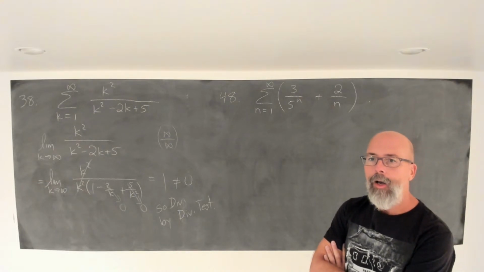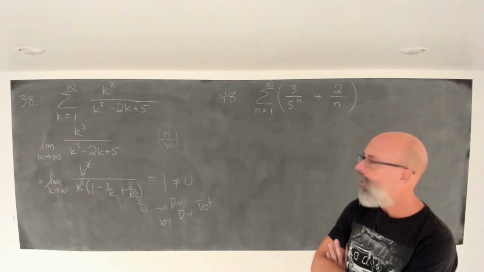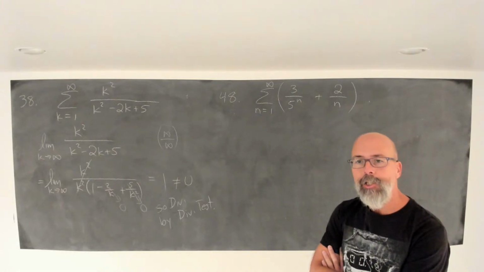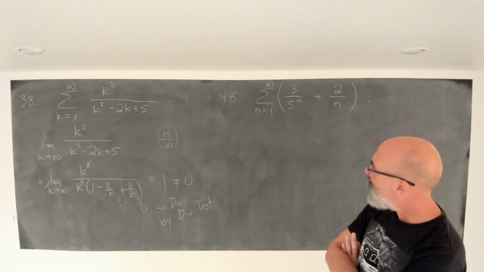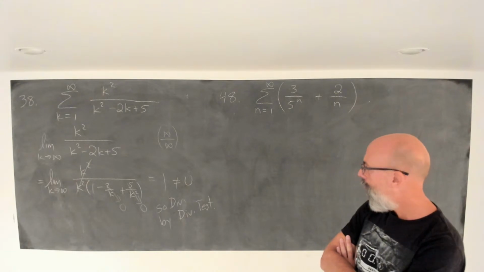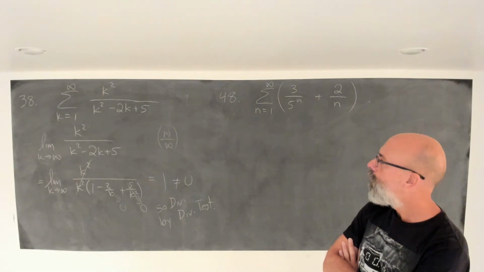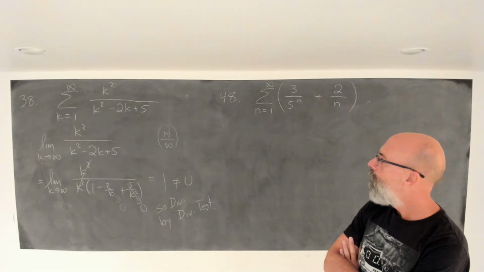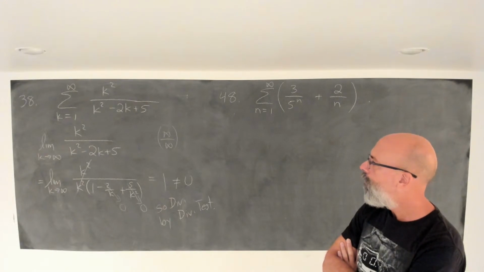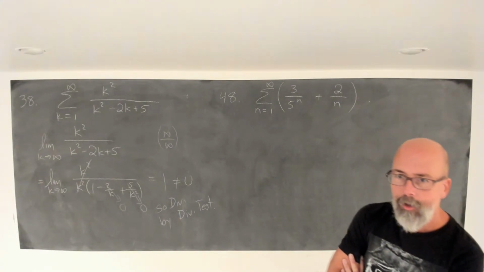Is there a way to find that it diverges by doing a telescoping sum in the case of number 38? Perhaps. I don't know. I'm going to let you work that out.